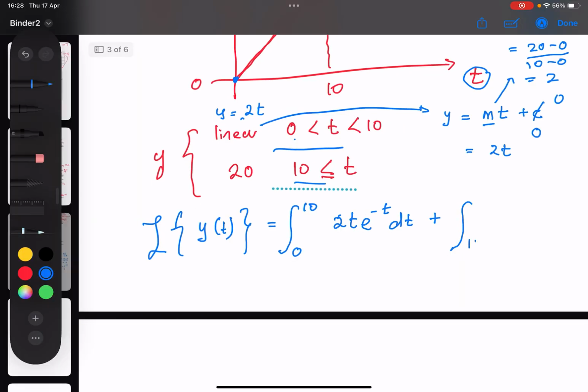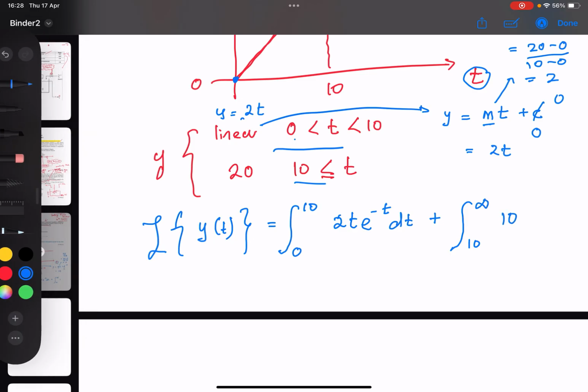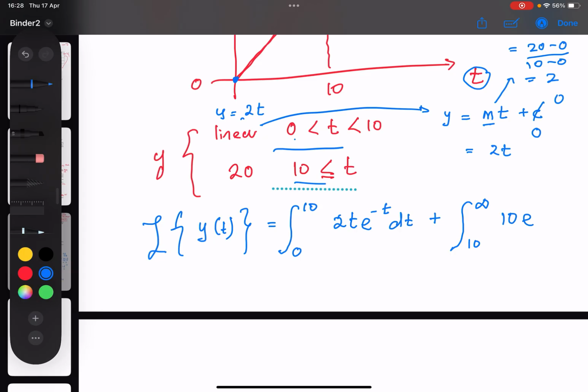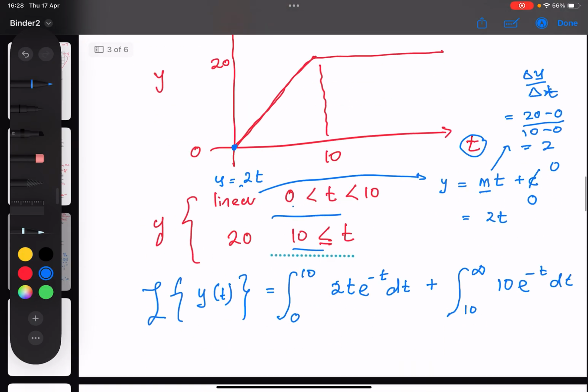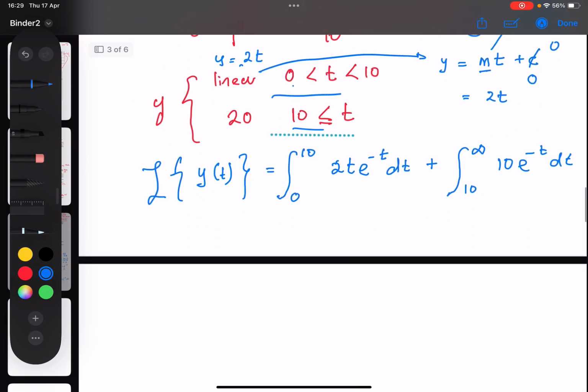So now I have the integral from 10 to infinity of 20 e to the power of negative st dt. I'm going to solve this to get the value in the form of s. I don't need to convert it back because I already have it as a function of t.